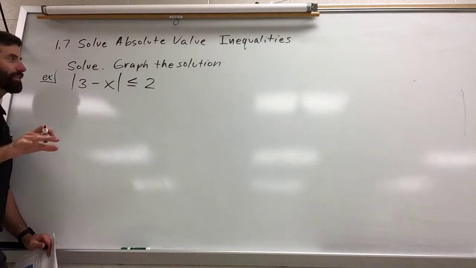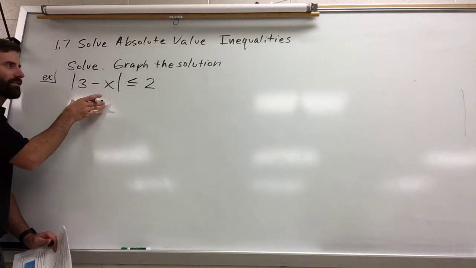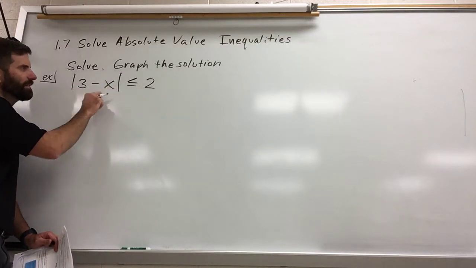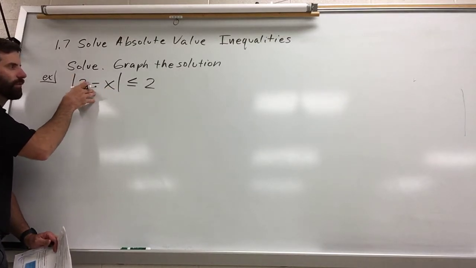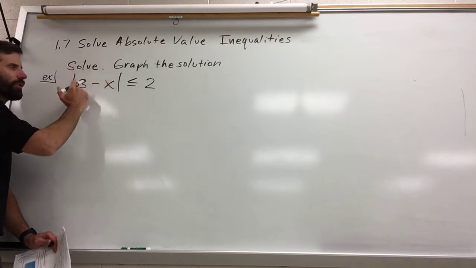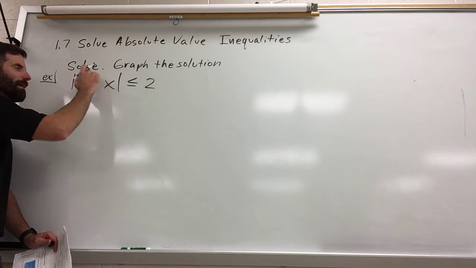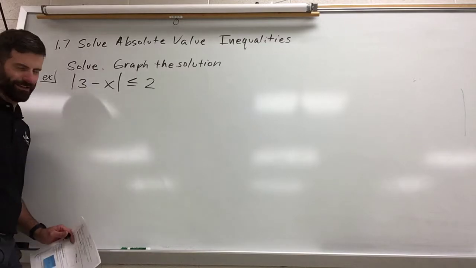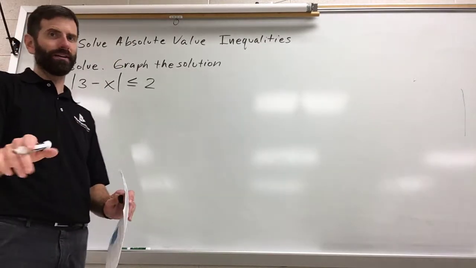Again, I want to mention that absolute value acts as a grouping symbol, but if you have a variable inside, or you have a sum or a difference, we have a difference in this case, you don't want to try to evaluate the absolute value on the inside here. You don't want to make this 3 plus x. That is a misunderstanding. You don't want to do that.